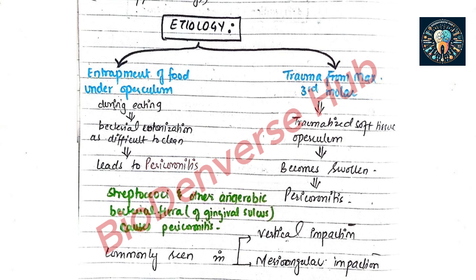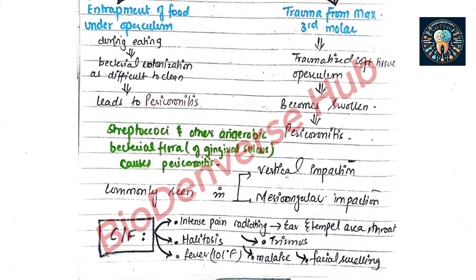So these were the two common etiological aspects. And pericoronitis is most commonly seen in vertical impaction or mesioangular impaction. Now we will be discussing some important clinical features of pericoronitis. First of all, the patient will experience intense pain radiating towards the ear and the temple area or even to the throat.